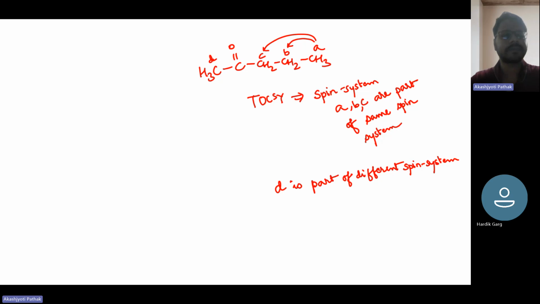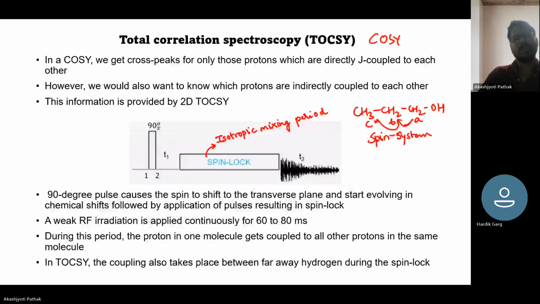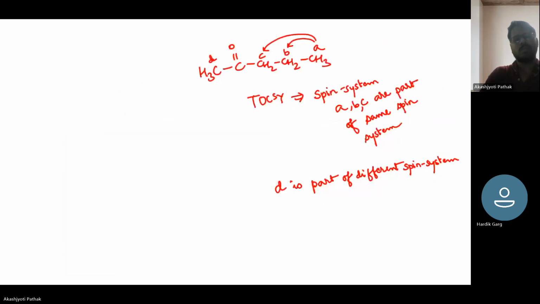Let's derive this expression. So in this row one period, what was the pulse sequence that you had for this TOCSY?